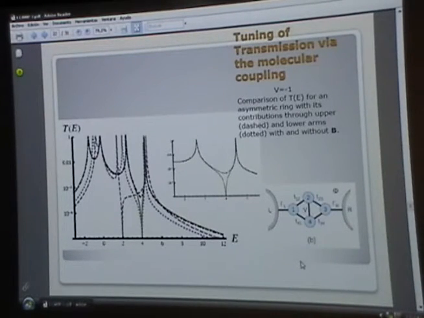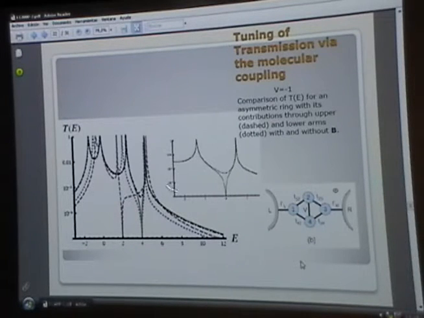The solid line represents the transmission of the complete system. So this solid line, this sort of yellow color, is the transmission without magnetic field. The dashed black one is the same for the same values of the parameters, but with a magnetic field, a small one, actually 0.1 of the quantum of flux.